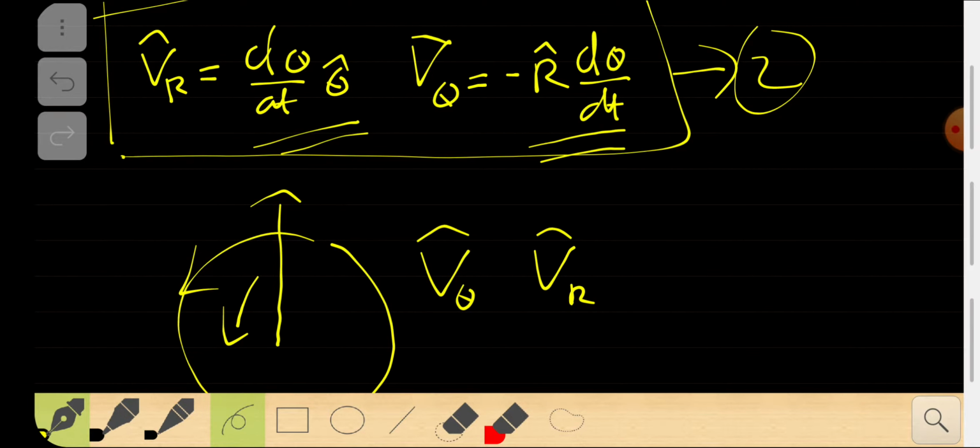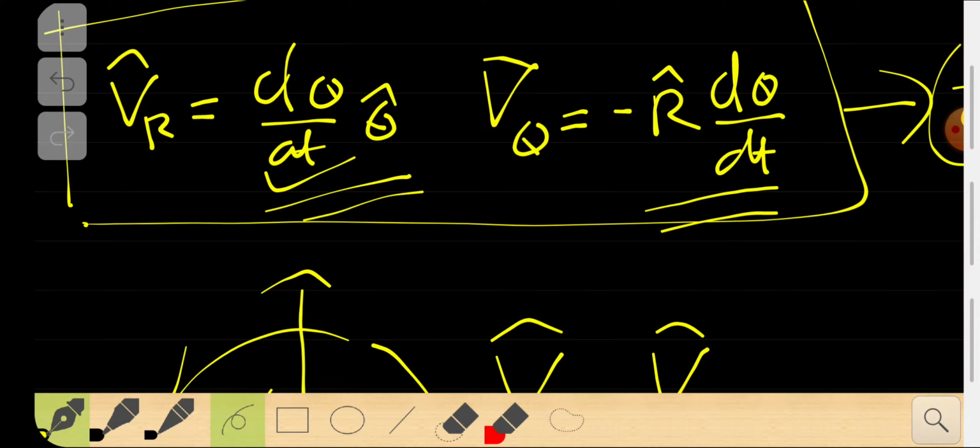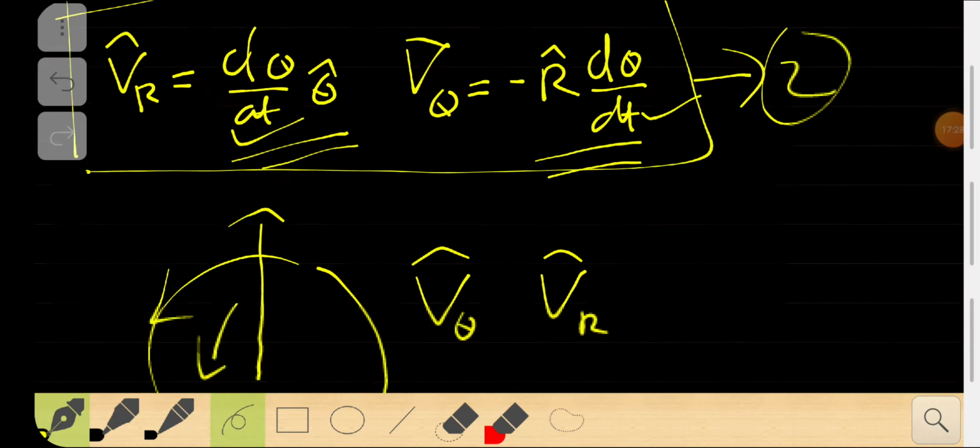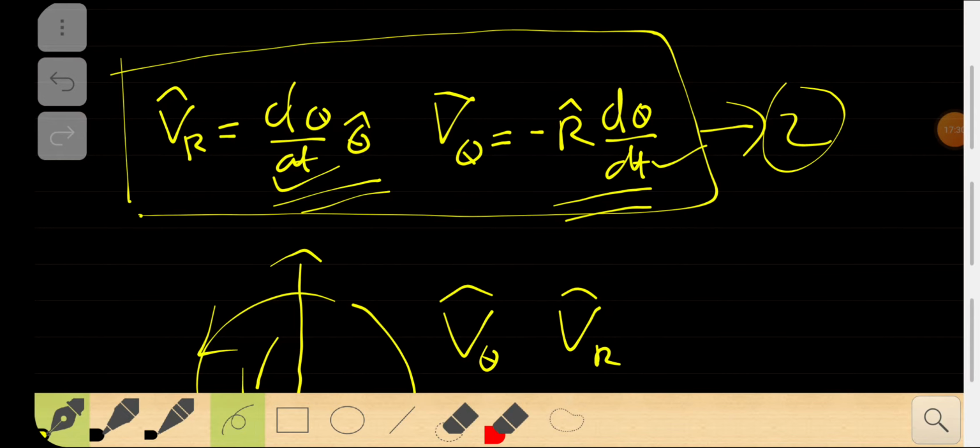So velocity in the r direction is directly dependent upon the rate of change of theta, right? And the velocity in the theta cap direction is actually opposite. When d theta by dt is high, then in the theta cap the velocity will be smaller. So this is non-intuitive, right? You cannot imagine this right out of the box. It's hard for most people to understand this without doing some mathematics.